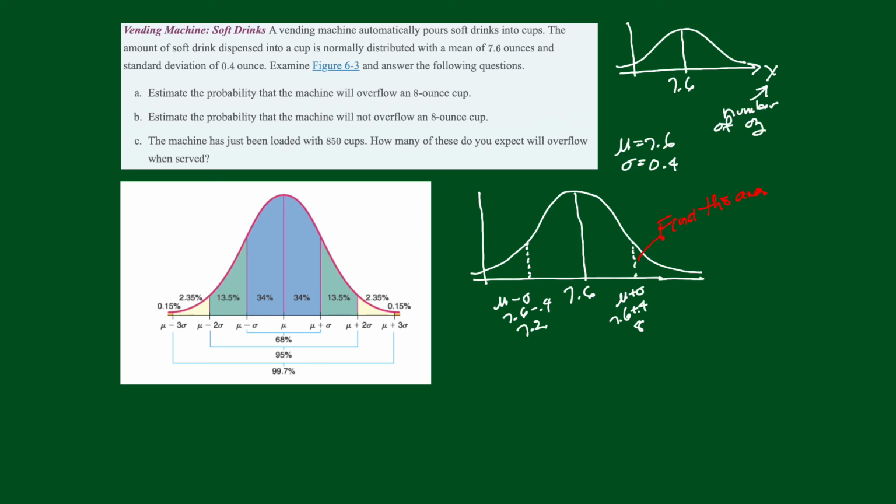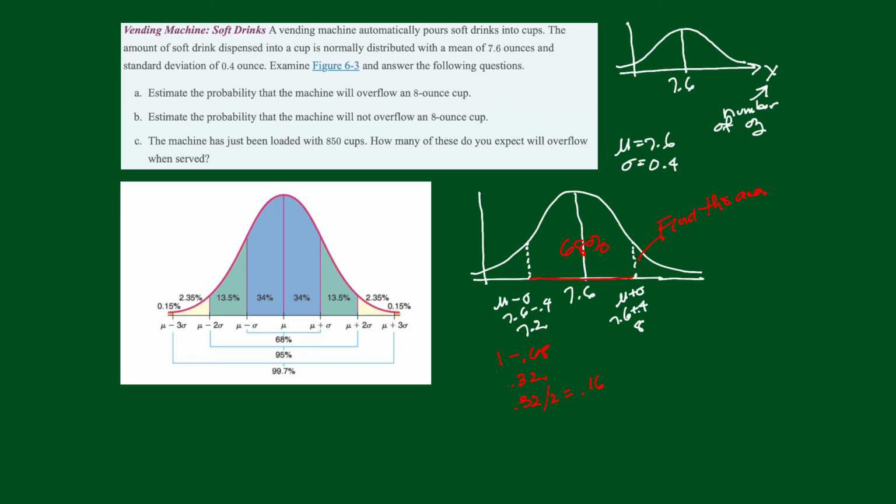Okay, well, what do we know? 68% of all the data is here. So how much is on the outside? Well, it's going to be 1 minus 0.68, which is 0.32. So 68% of the area is here, 32% is out here, and we want just the right half. So divide it in half: 0.16.